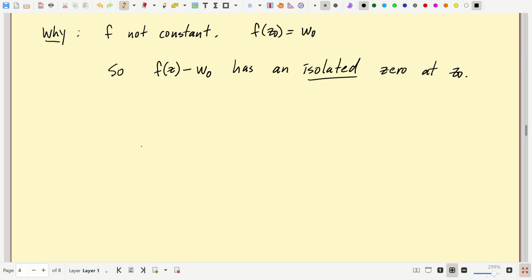Okay, so here's the picture. Here's my z naught. Z naught gets mapped to w naught.